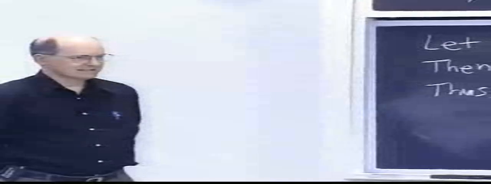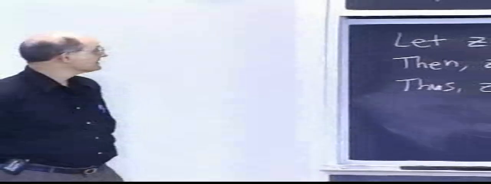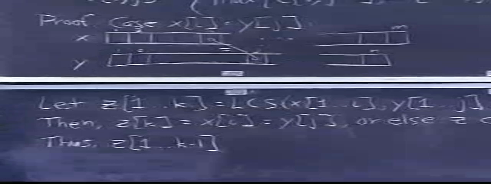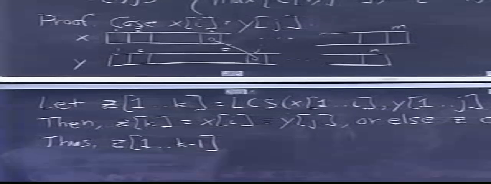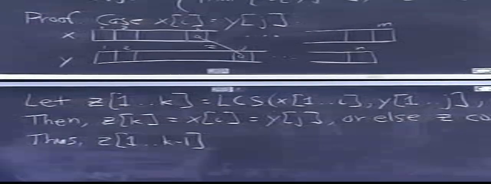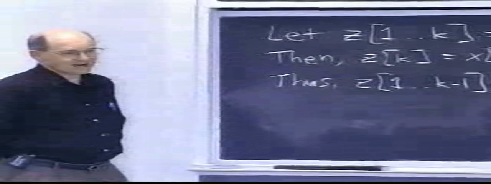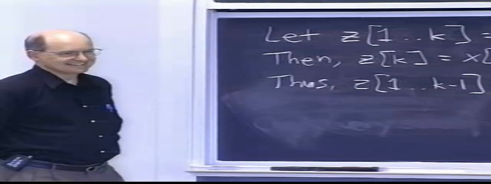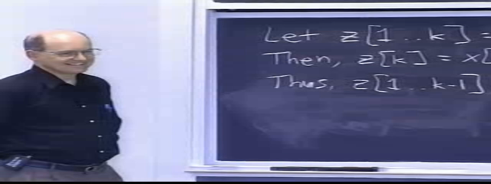It's a common longest subsequence of x of 1 to I minus 1, y 1 to j minus 1. So you're saying it's an LCS of 1 to I minus 1 and 1 to j minus 1. So that's true. I'm not sure we can conclude that. In fact, that's what we want to show. Okay, so we're not quite sure that it's the longest one at this point. But we do know that it's a common subsequence. We have to make an argument.